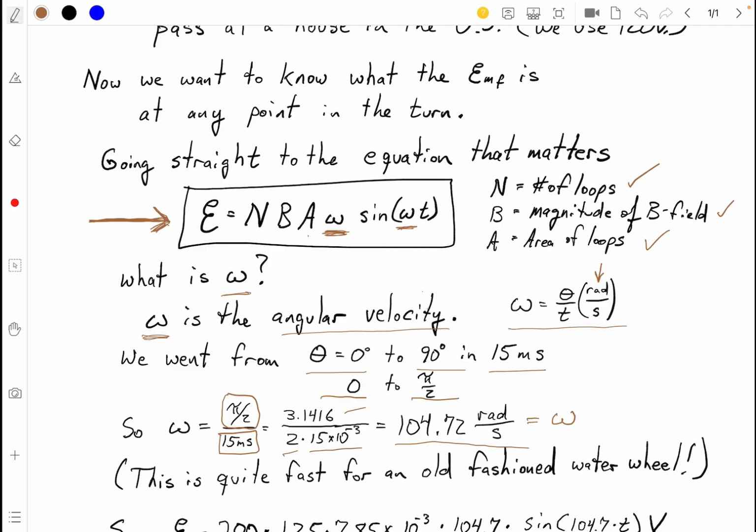All right, that's a lot. If you divide that by 2 pi, you'll find out how many revolutions that is per second. And that's a lot of revolutions per second. So I have a feeling that our old-fashioned water wheel is not as old-fashioned as we'd like to think it is.